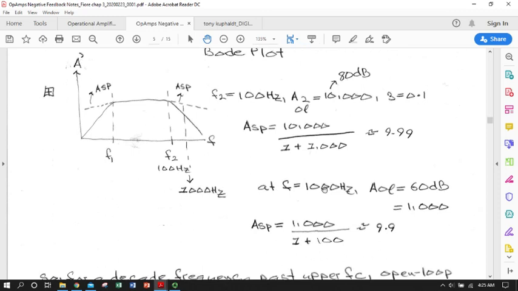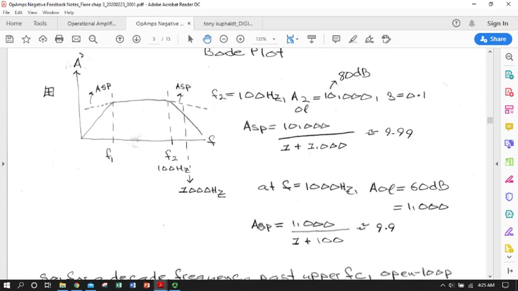Well, let's see. Let's plug into our formula again. So we're going to operate now at 1,000 Hertz. And so our open loop gain has been reduced from 10,000 to 1,000. So we have 1,000 in the numerator, and we have 1,000 times our beta, which is 0.1, in the denominator.